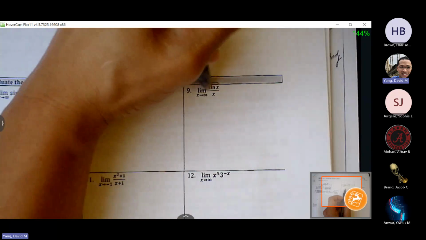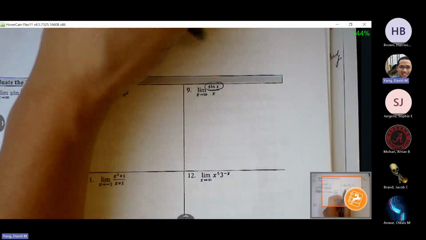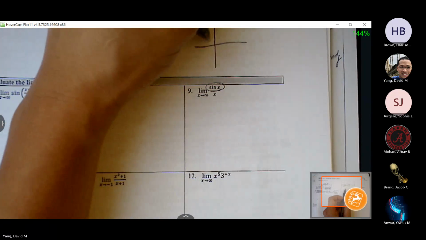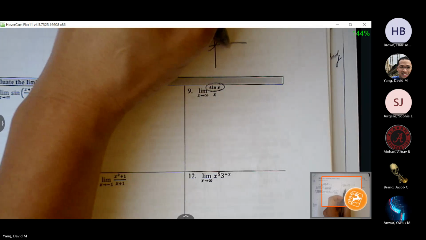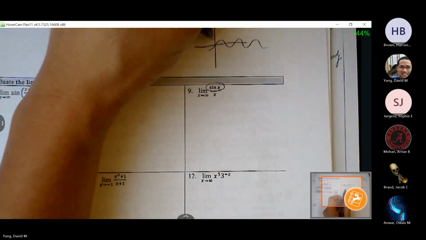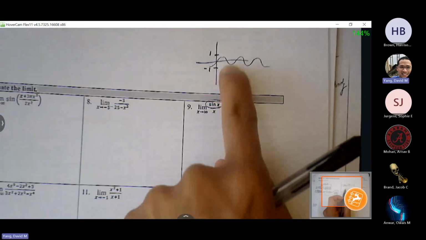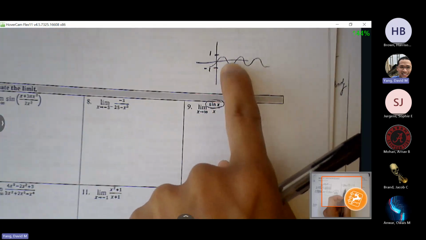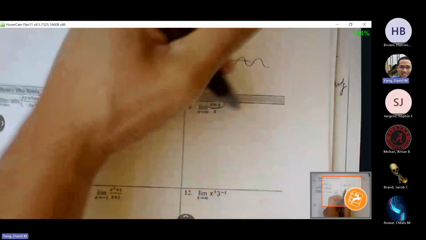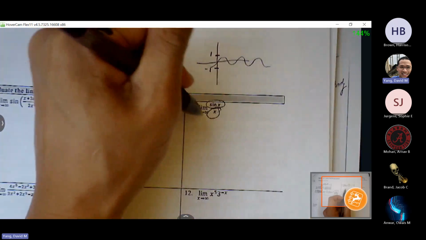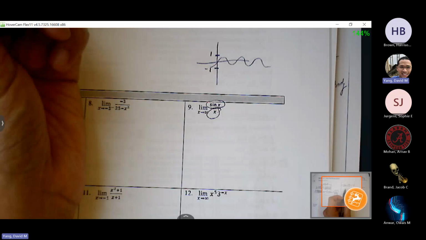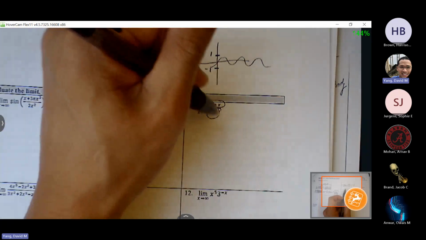So if we think about the behavior of sine, sine looks like this, but it's always hovering between -1 and 1. It's basically a really small number, right? But if you look at the denominator, if it's approaching infinity, it's getting really, really large, like a million or a billion.